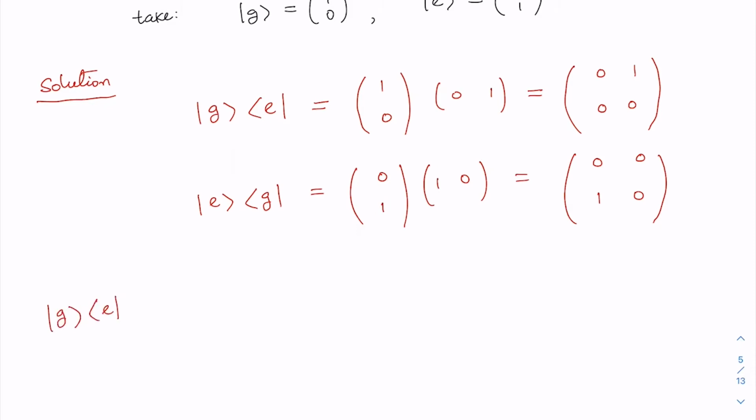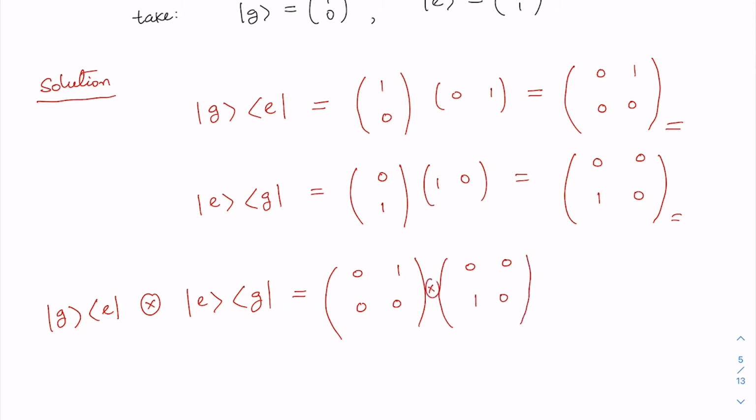Ket 0 bra 1 tensor product with ket 1 bra 0, that would be just multiplication of these matrices. So let me write here 0 1 0 0 and 0 0 1 0.